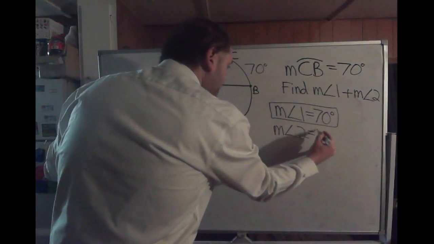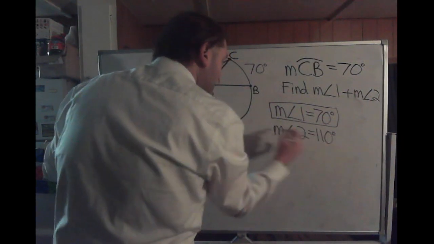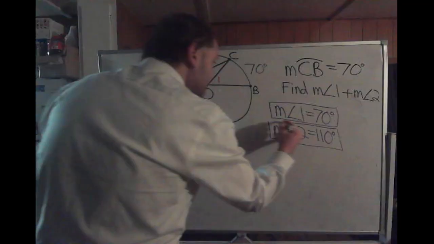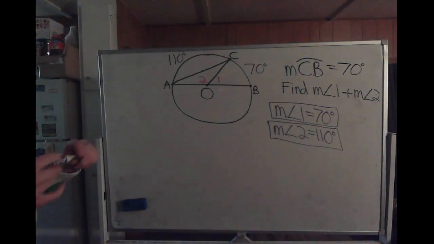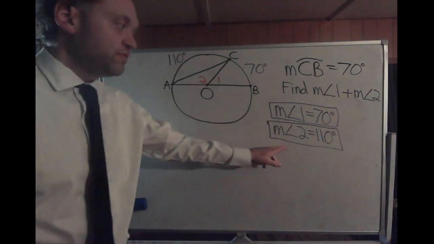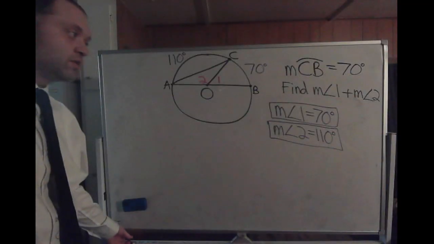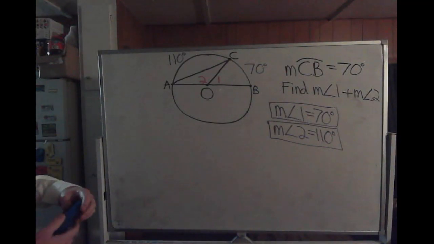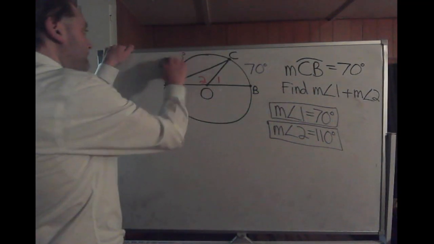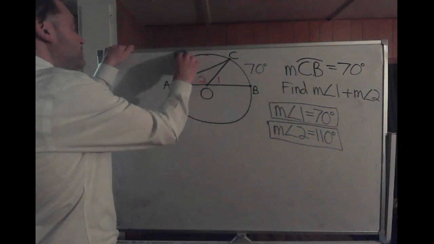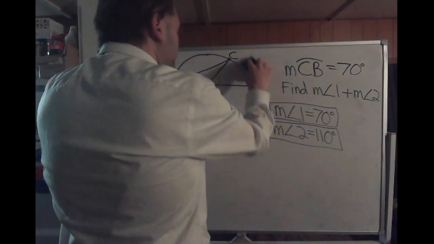So what you should get here for this one is that the measure of angle 1 is equal to 70 degrees. The measure of angle 2 is equal to 110 degrees. Let's see what they give us now.